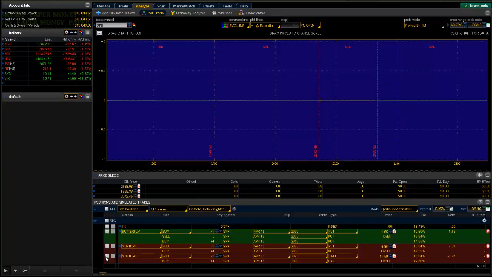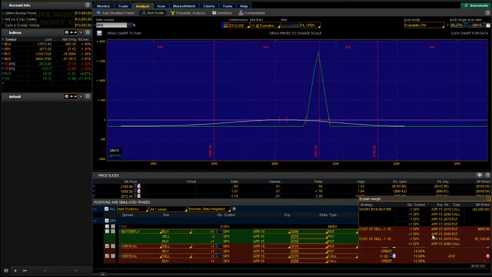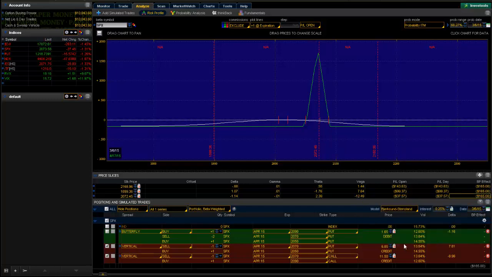Versus if I did this, the profile is exactly the same. My maximum risk is still the same. The most I will ever lose is $165. But look at what ends up happening with the margin. Now, the cost of selling one vertical is you've received a credit. Well, hold on just a second, you might ask.